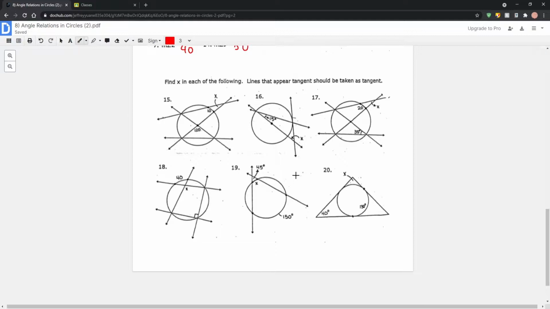Alright. So find x in each of the following. Lines that appear tangent should be taken as tangent. Okay, we're going to find x. So this is 120, this is the center, so this is going to be 120 as well.